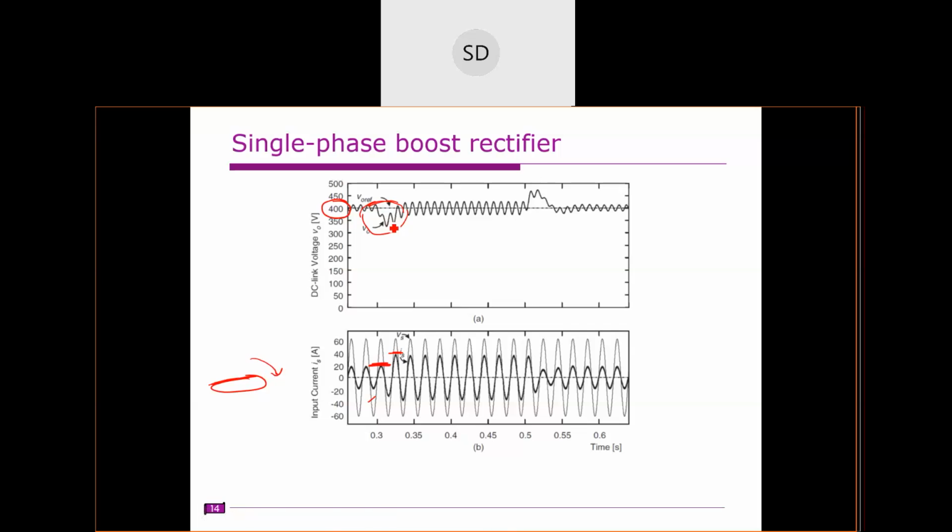The same philosophy applies here. When you increase the load, it demands more current, more power, more energy. That excess energy is instantaneously fed by the capacitor, so its voltage is slightly reduced.